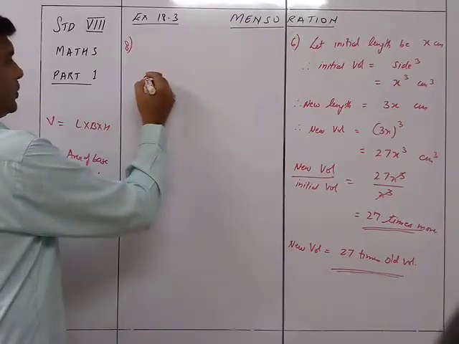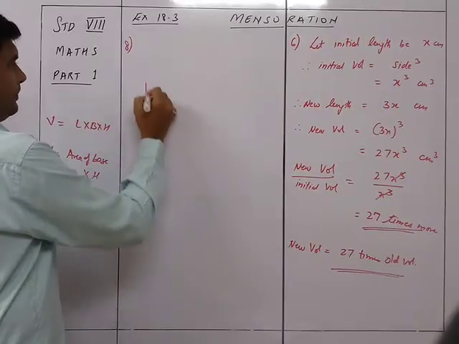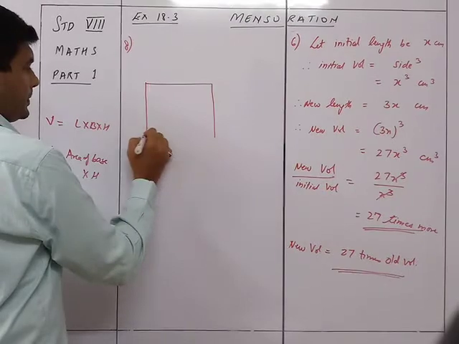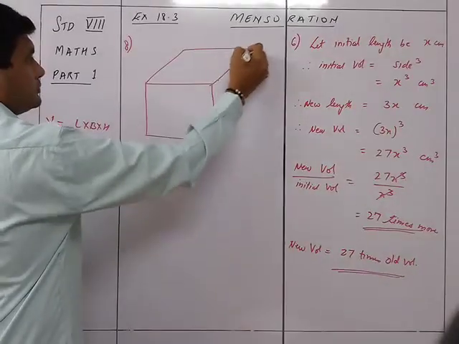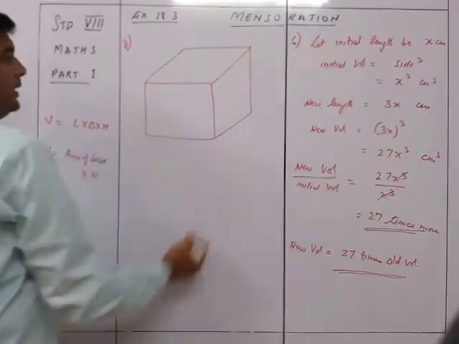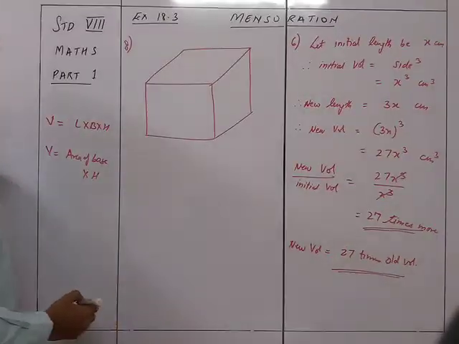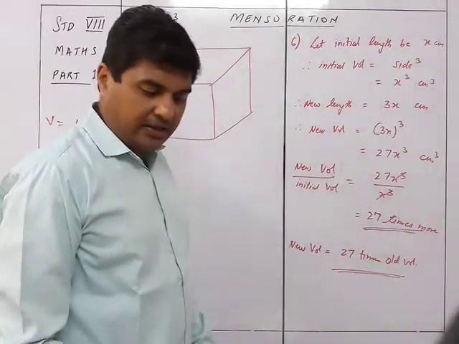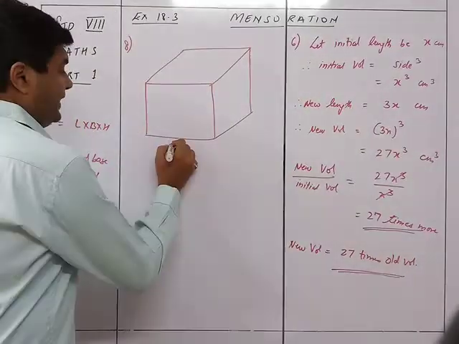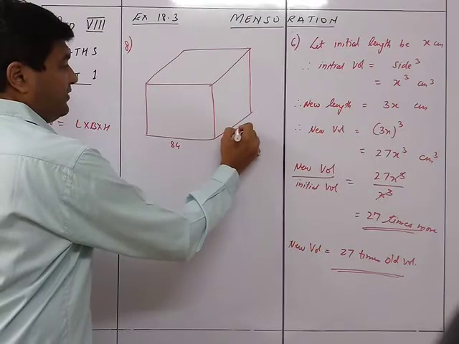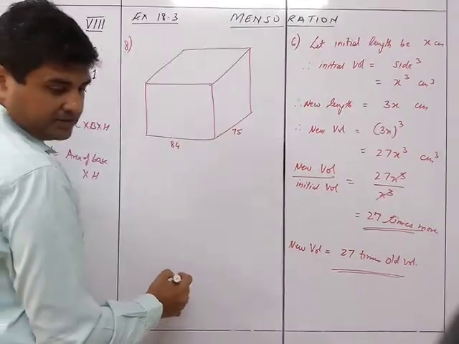Now what is the meaning of a closed box? Suppose I take a box like this. Now in this box they have given us the external dimensions as 84, 75 and height is 64.